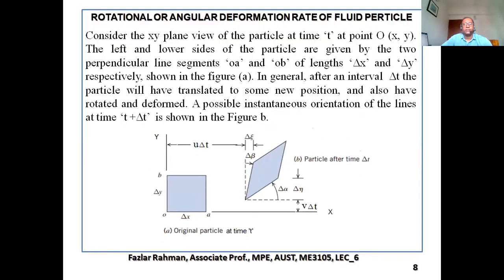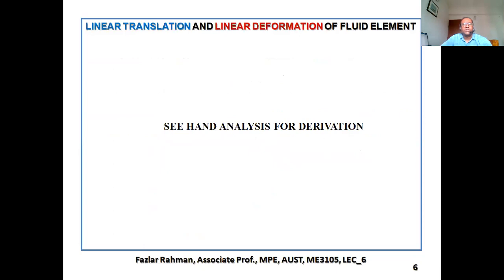That we'll derive today. So let's first derive this one. It's called linear translation and linear deformation. We already discussed this a little bit, almost halfway, I think yesterday, right? So let's see.